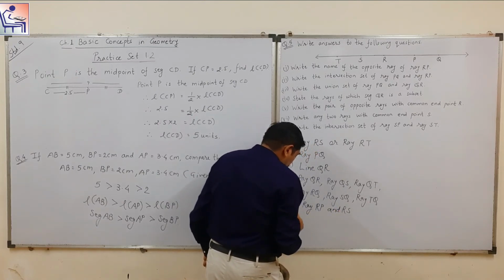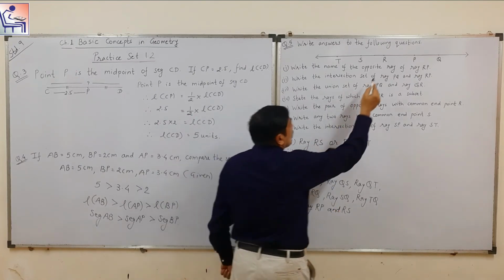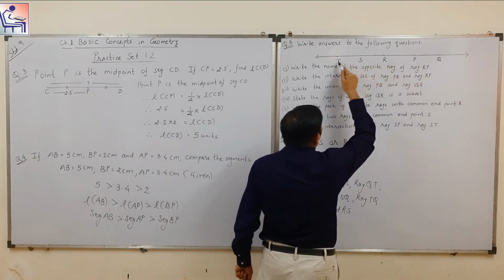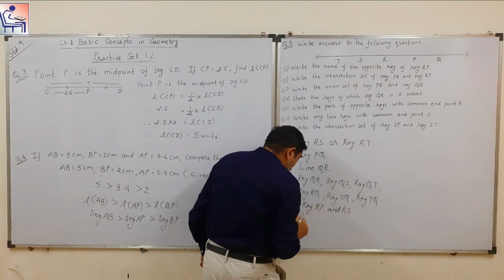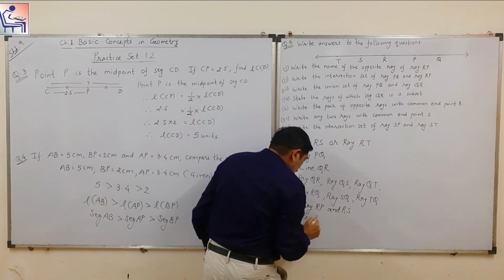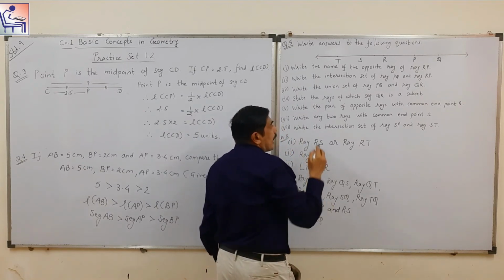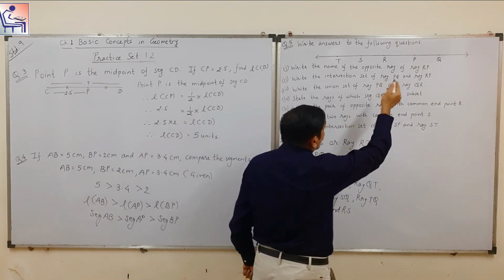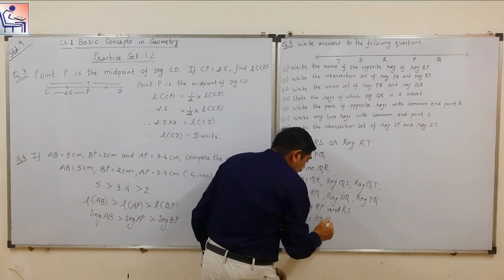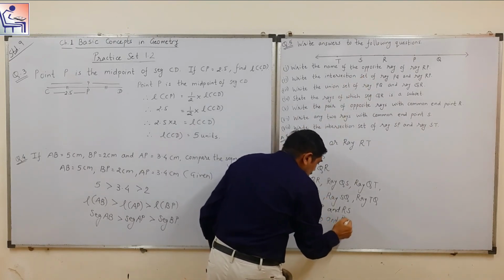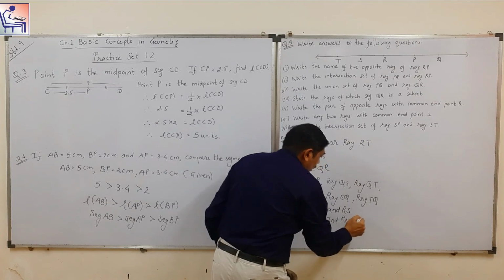And the second one, here you can say ray RQ and ray RT. So these are opposite rays, and their common end point is R. So ray RQ and ray RT.